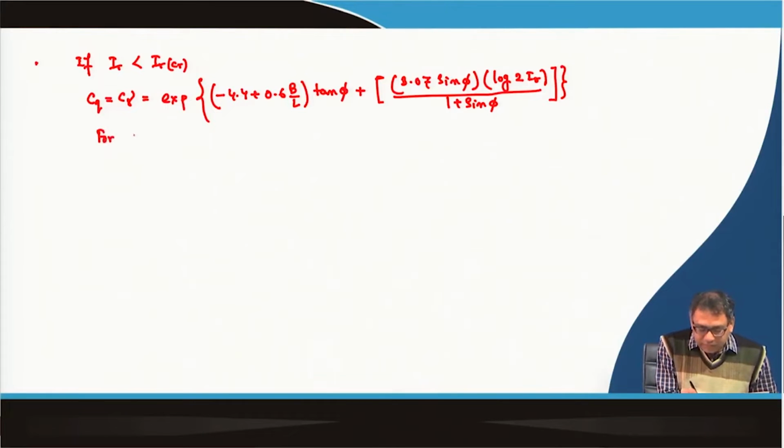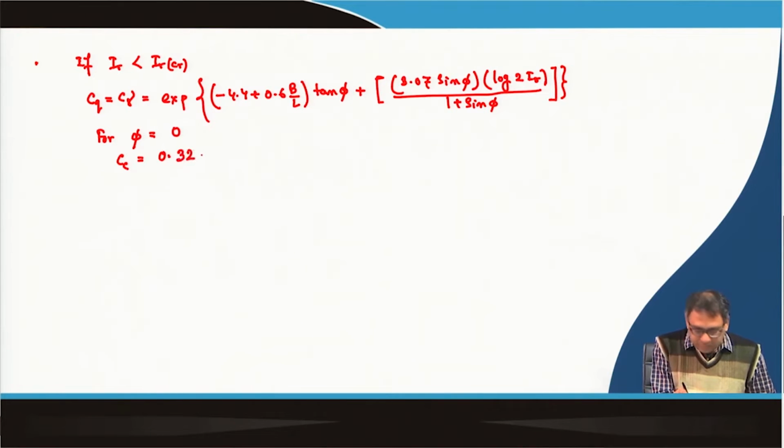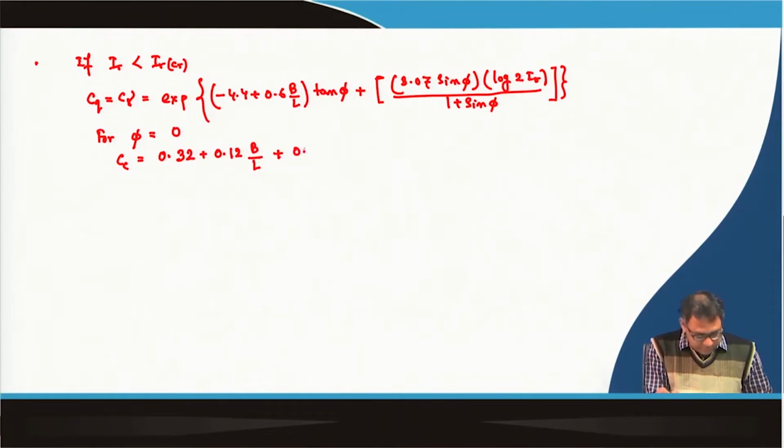Now, for phi equal to 0, Cc is equal to 0.32 plus 0.12 B by L plus 0.60 log IR.